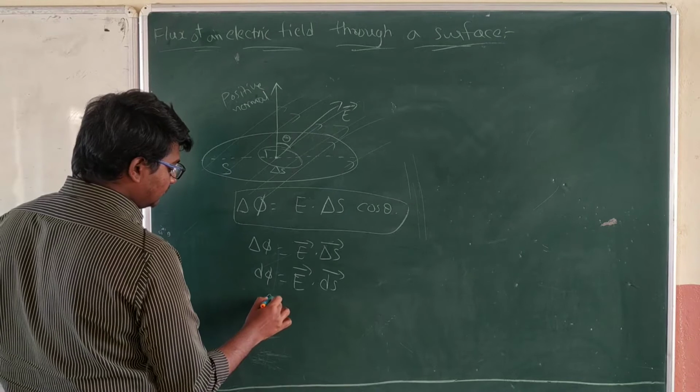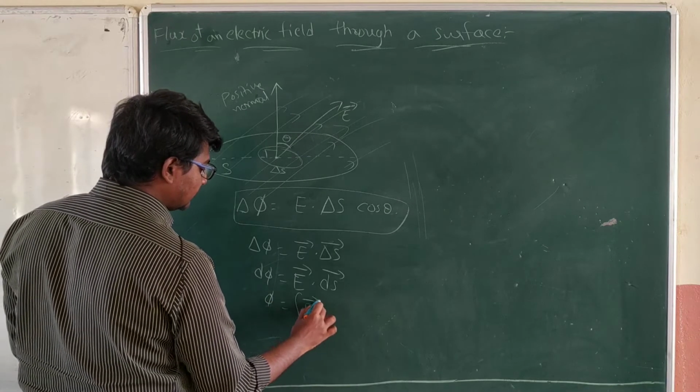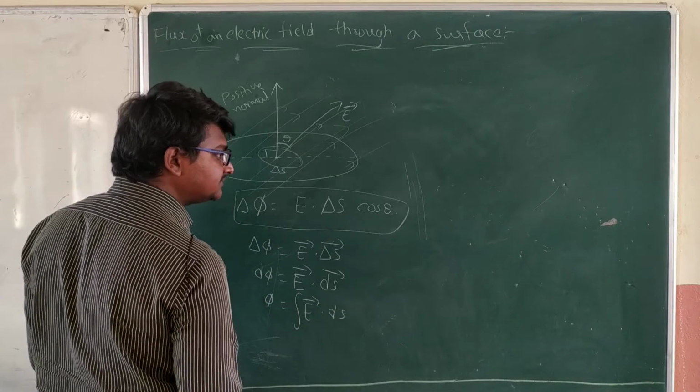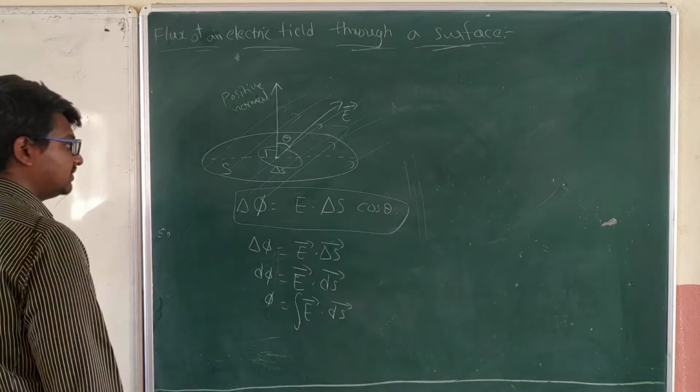If you do integration on both sides, we get integral E bar dot ds bar in this manner.